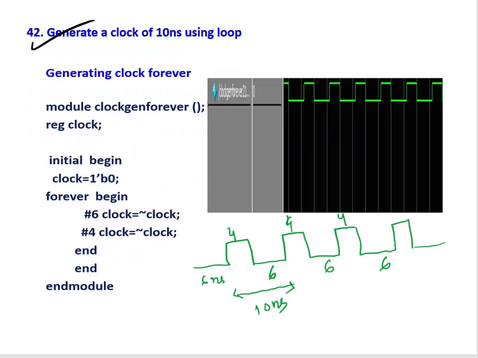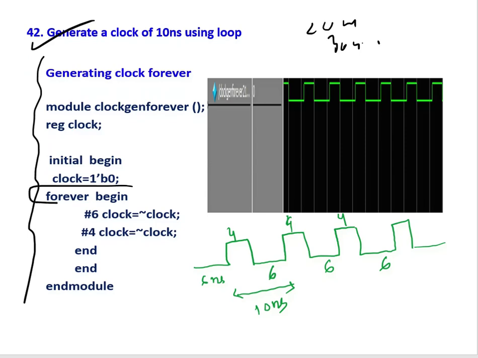Generate a clock of 10 nanosecond using a loop. So this is how to generate a clock of 10 nanosecond. Using this, you can generate a clock of 20 nanosecond, 30 nanosecond, 40 nanosecond, okay. Here I have used the forever construct. After 6 nanosecond, the clock is inverted.